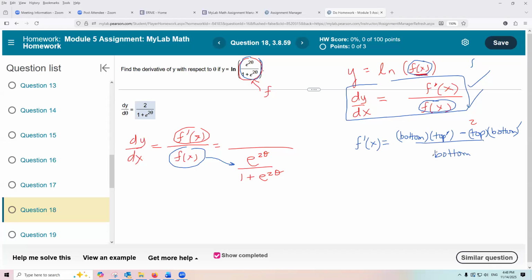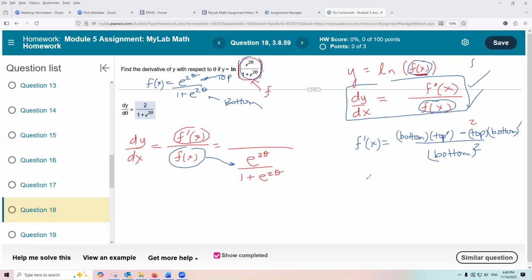Maybe that's an easier way to write it. So for us, let me write down f of x here. Our f function was e to the 2 theta over 1 plus e to the 2 theta. So I'm calling this the top of the fraction, and I'm calling this the bottom.